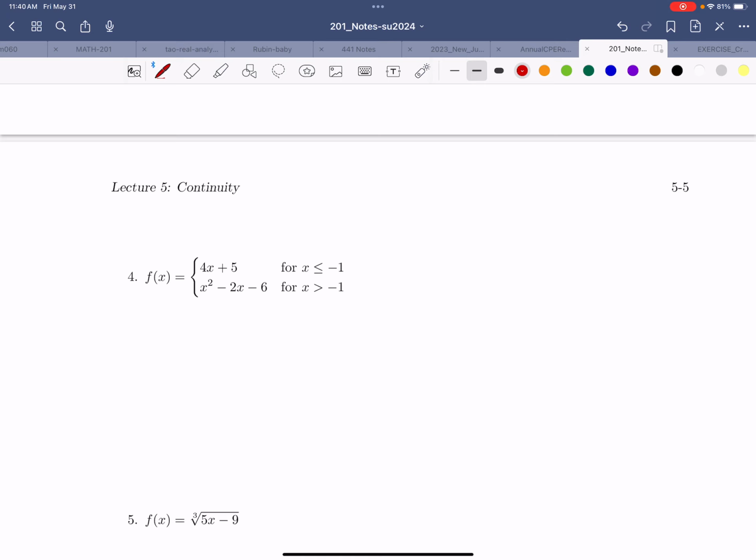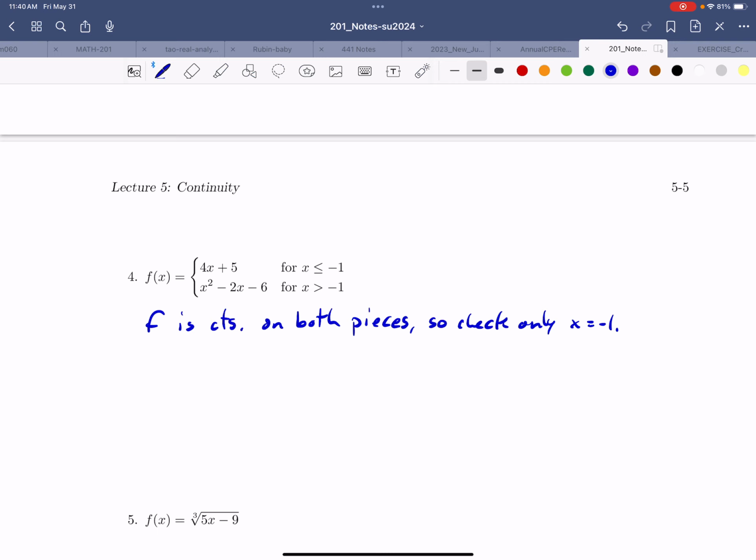Here we have another piecewise function. Again, f is continuous on both pieces because they're polynomials. So check only x equals -1.